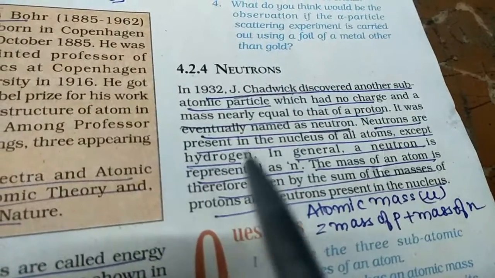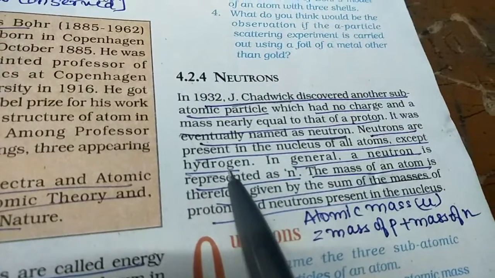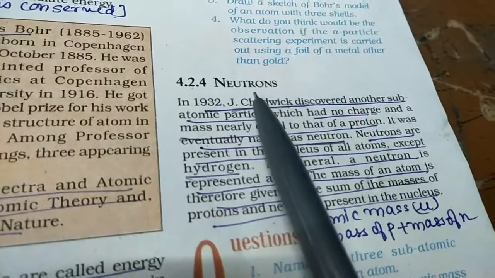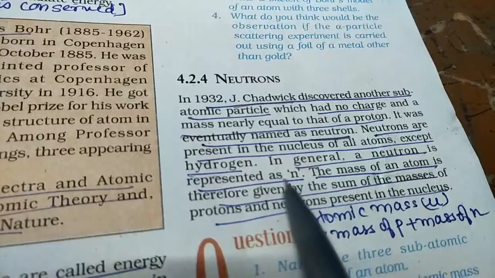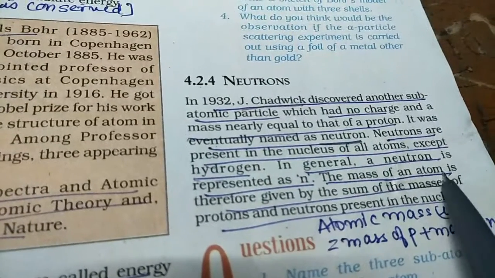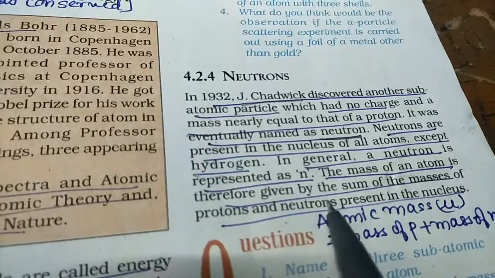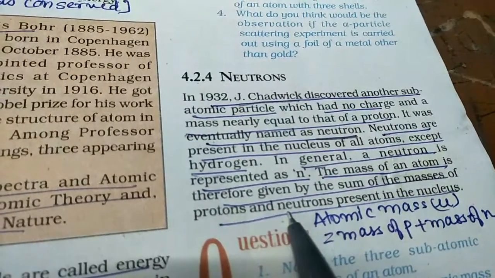These neutrons are present in the nucleus of all atoms except hydrogen. So hydrogen does not have any neutron. Remember, it does not have any charge. In general, a neutron is represented by the small letter n. The mass of an atom is therefore given by the sum of the mass of protons plus neutrons, because the electron's mass is very negligible.